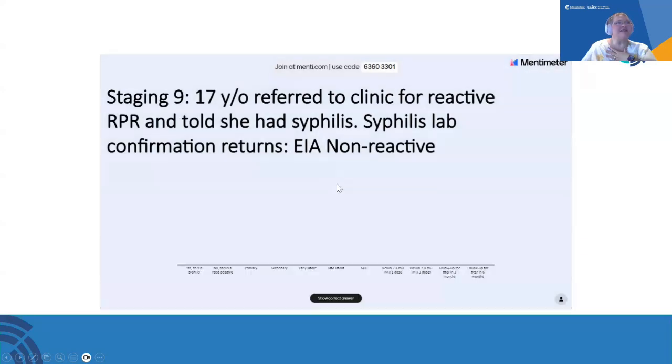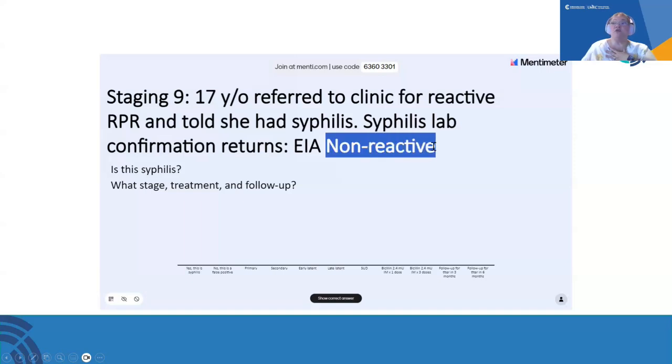All right. A 17-year-old comes in, has a reactive RPR, and was told she has syphilis. Syphilis lab confirmation returns EIA non-reactive. So the lab send-off was non-reactive. Is this syphilis?